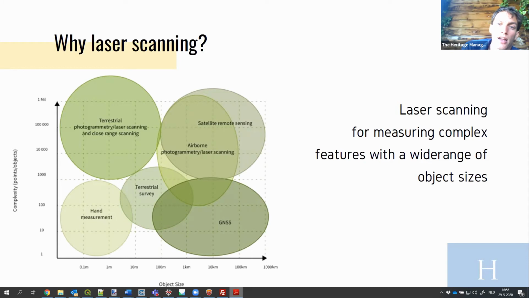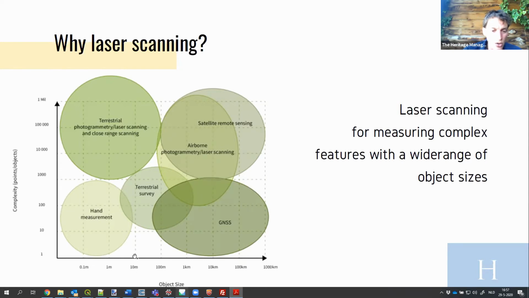Many articles or handbooks that deal with introductions on laser scanning will show you an illustration that looks like this one, and it will give you some kind of a rule of thumb to give you an idea on when should I use hand measurements, terrestrial topography, so conventional topographic total station measurements. When can I use terrestrial laser scanning or photogrammetry? When should I use GNSS, satellite remote sensing, airborne applications?